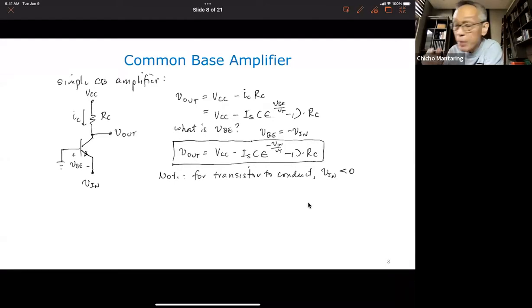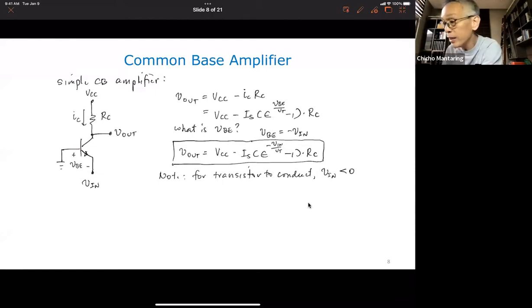Hindi magko-conduct ang transistor na to kung yung value ng V in is greater than 0. As a matter of fact, it is only when the value of V in is approaching negative 0.7 volts, maybe negative 0.65 volts or so, okay, that this will conduct.